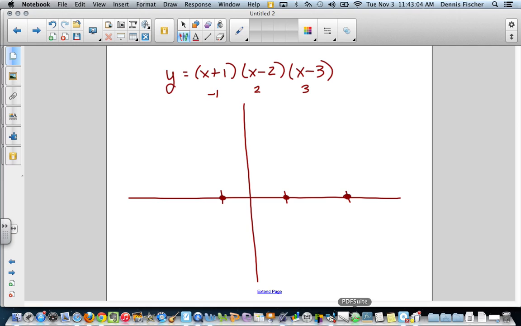It's nice when it's in factored form too, because 2.5 plus 1 is 3.5. 2.5 minus 2 is 0.5. And 2.5 minus 3 is negative 0.5.